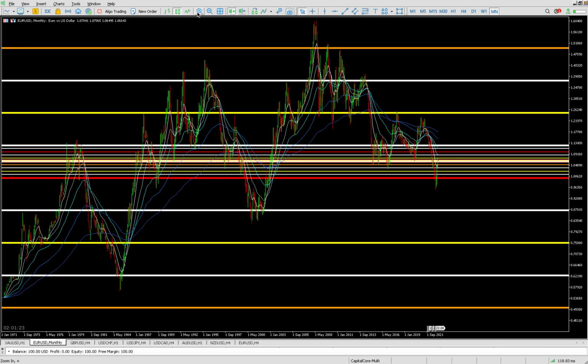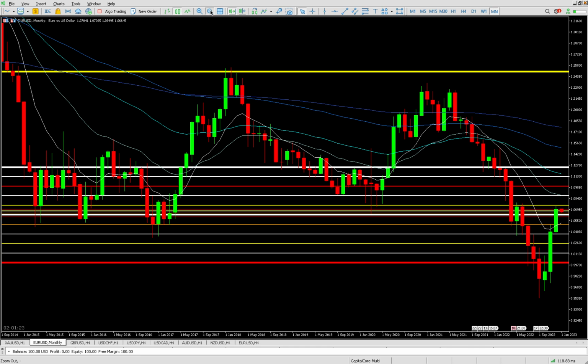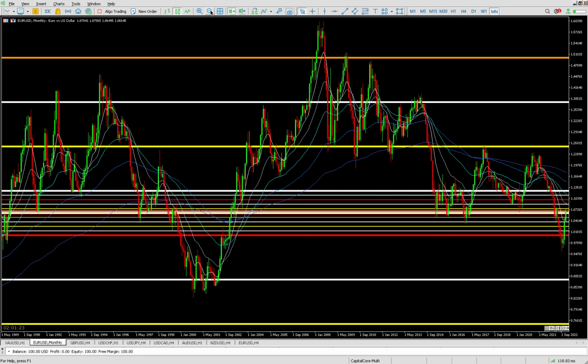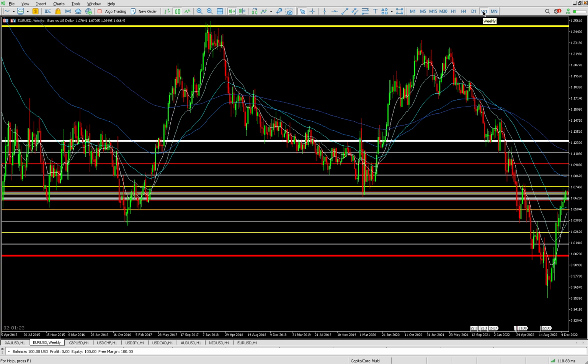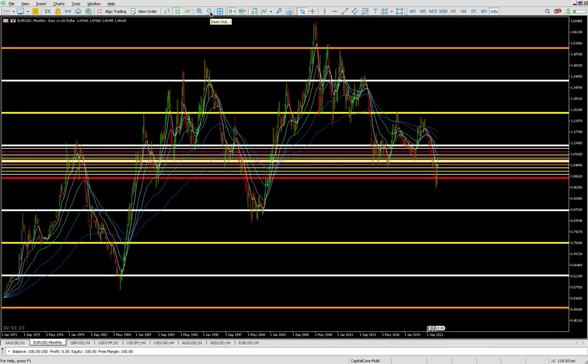All right, so let's zoom in. Now that we have looked at our 100,000 point high time frame QTL, quarters theory levels, let's zoom in and let's go to the weekly. But before we zoom in, we need to get our bearings so we know where we are.